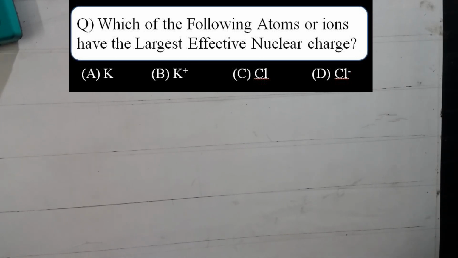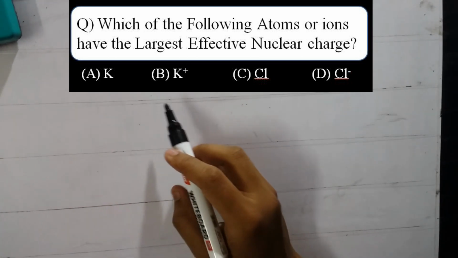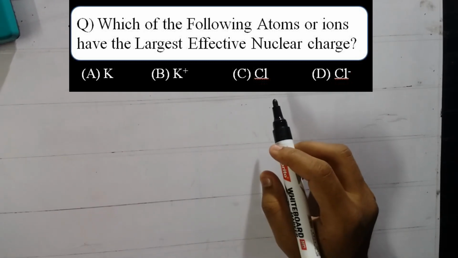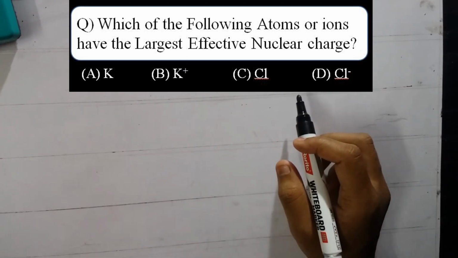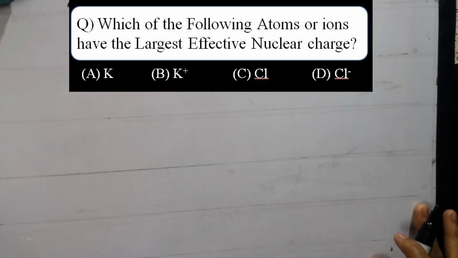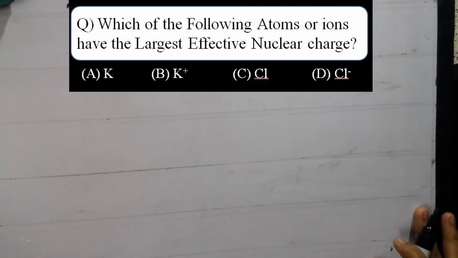Which of the following atoms or ions has the largest Z effective: K, that is potassium, potassium ion, chlorine and chloride ion, Cl and Cl minus ion. To solve it, we must know some basic things about the periodicity of elements.